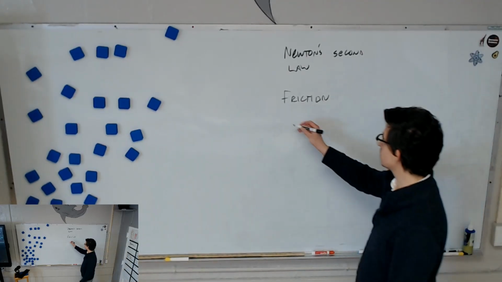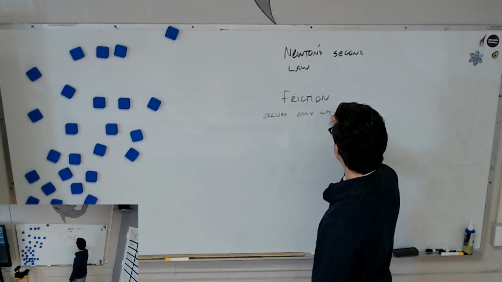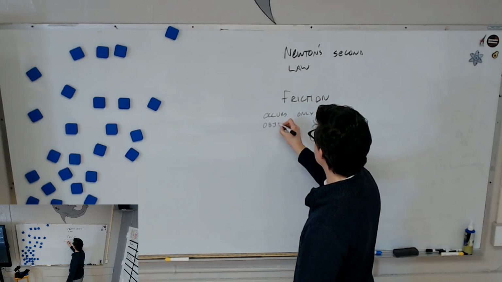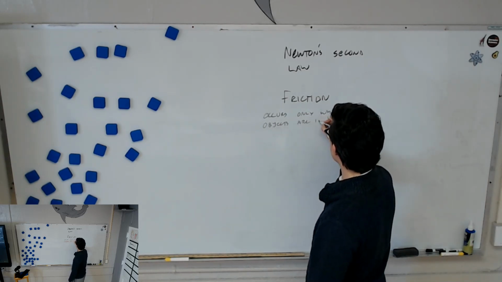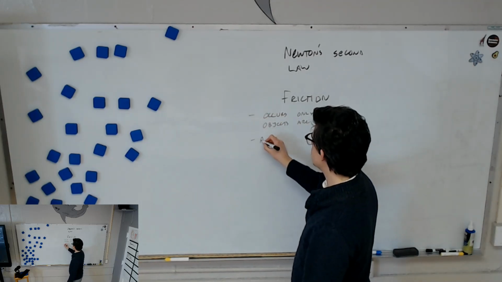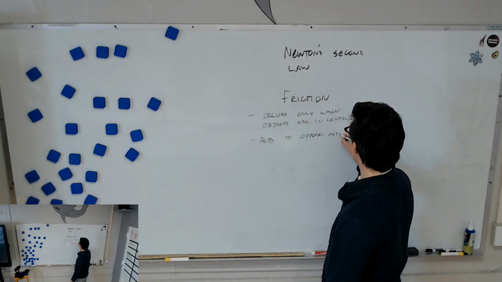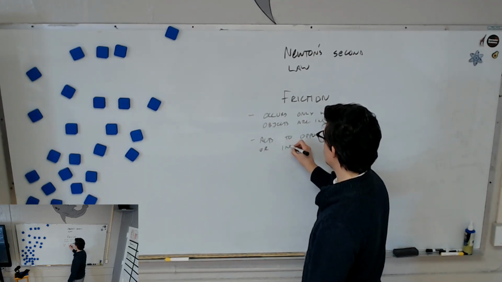So friction occurs only when objects are in contact and it acts to oppose motion, or we say intended motion.